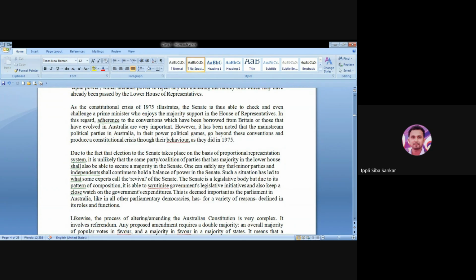In this regard, adherence to the conventions which have been borrowed from Britain or those that have evolved in Australia is very important. However, it has been noted that the mainstream political parties in Australia, in their power political game, go beyond this convention and produce a constitutional crisis through their behavior, as they did in 1975.